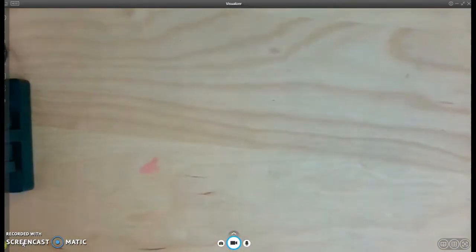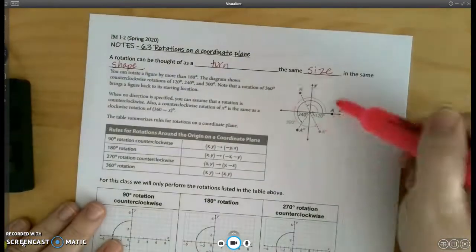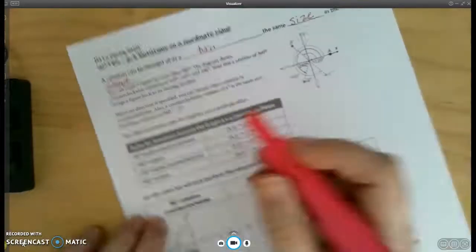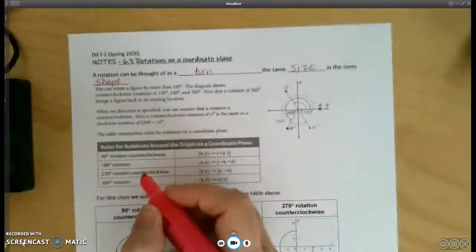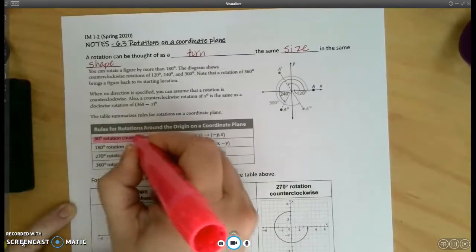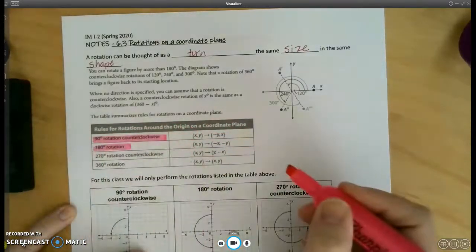So how do we deal with rotations? We have some rules, okay? There is a picture here. It shows you some rotations, 120 degrees, 240. We are going to focus specifically on 90-degree rotations counterclockwise, 180-degree rotation.